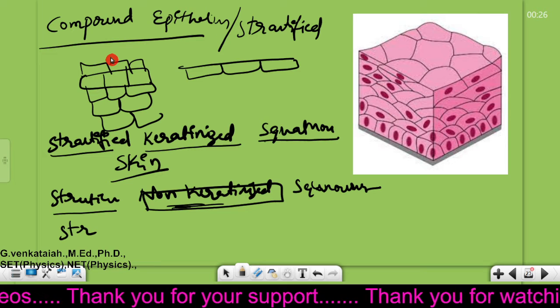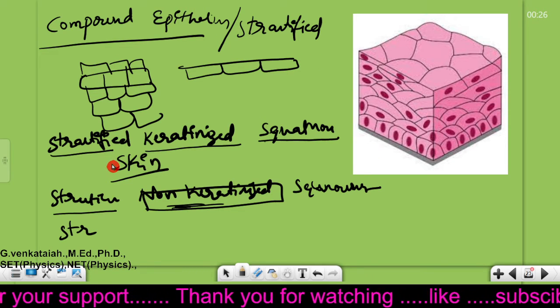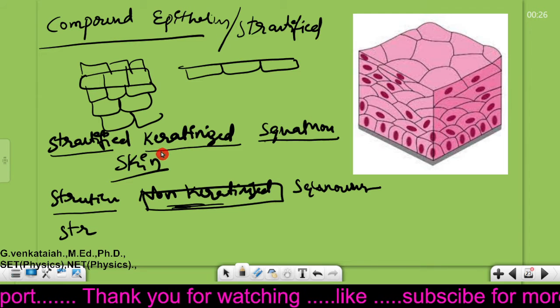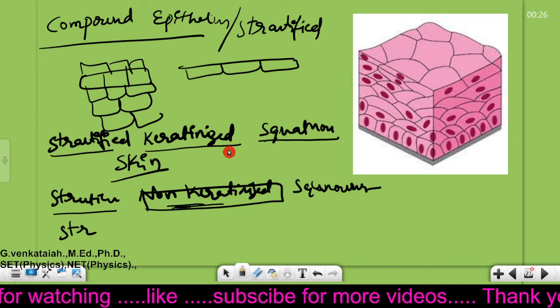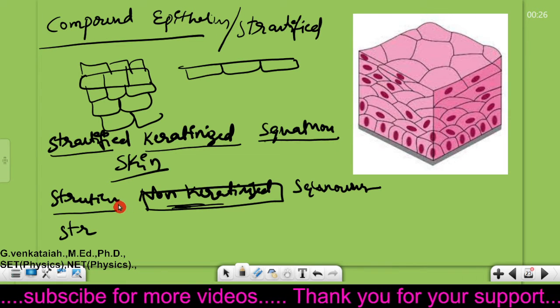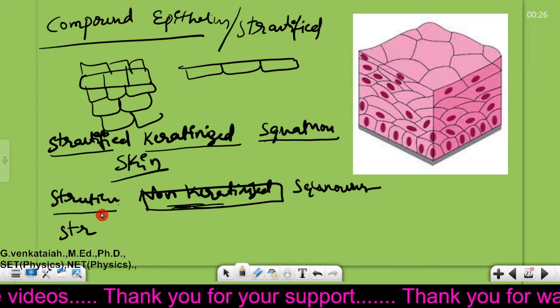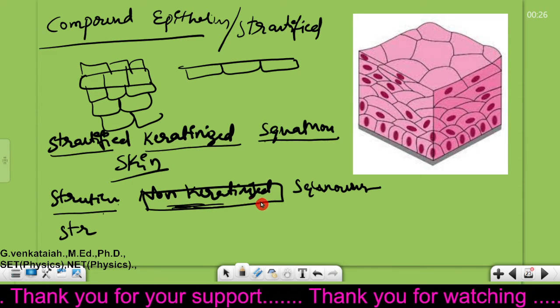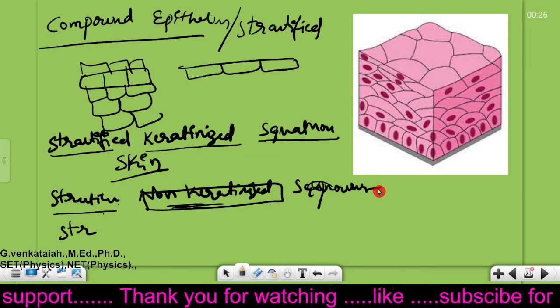Compound epithelium is classified depending on the structure of the cell. If the stratified cells have keratin, it is stratified keratinized squamous epithelium. If keratin is absent, we call it stratified non-keratinized squamous epithelial tissue.